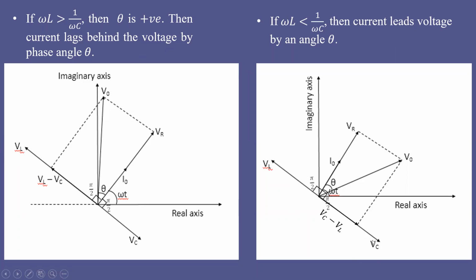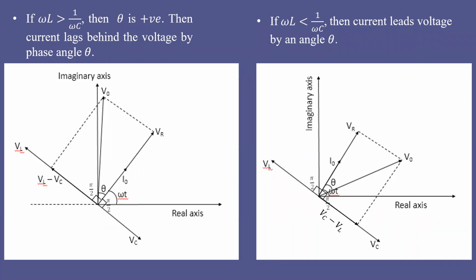Here VC is greater, so it will dominate and make the voltage lag behind the current, because across the capacitor the voltage lags behind the current by 90 degrees. Here the inductor is dominating, and here the capacitor is dominating. So this is how you can represent the phase difference between voltage and current in a series resonant circuit.